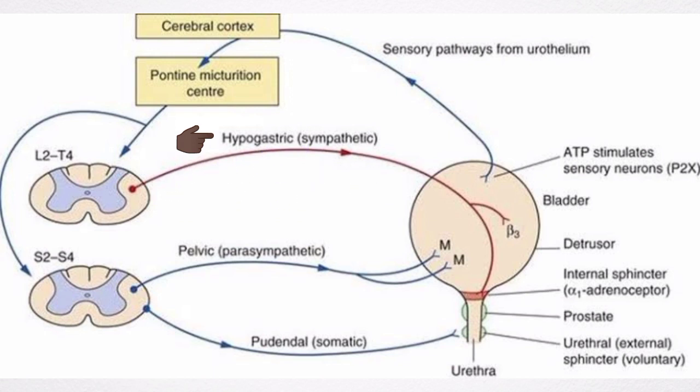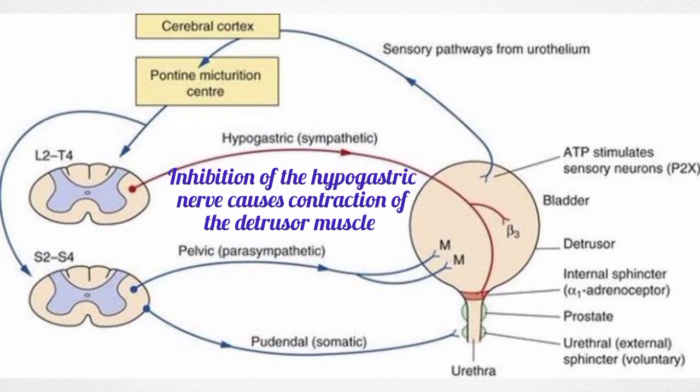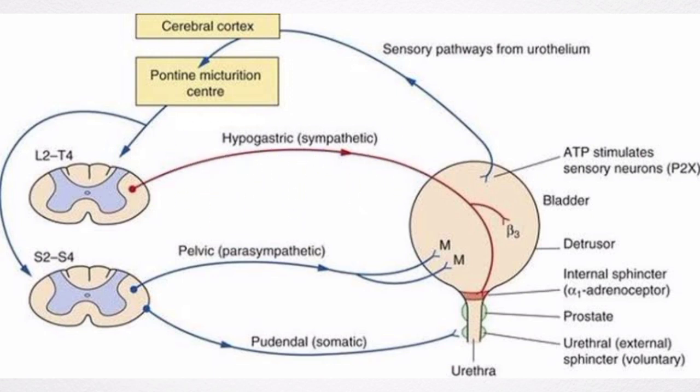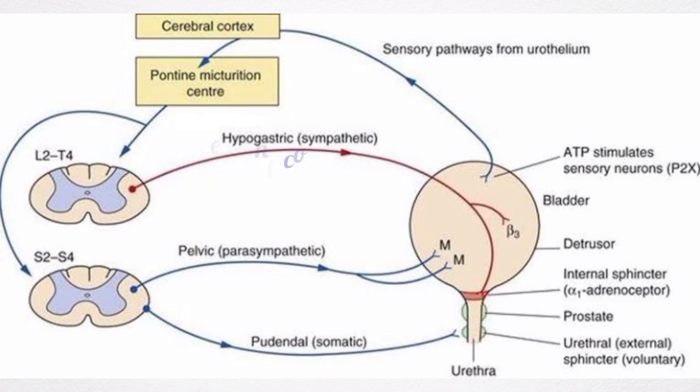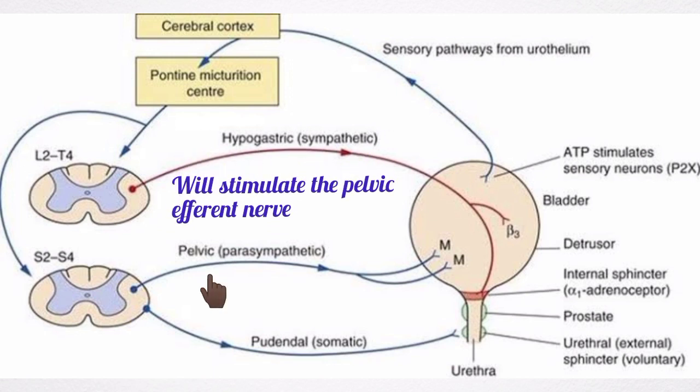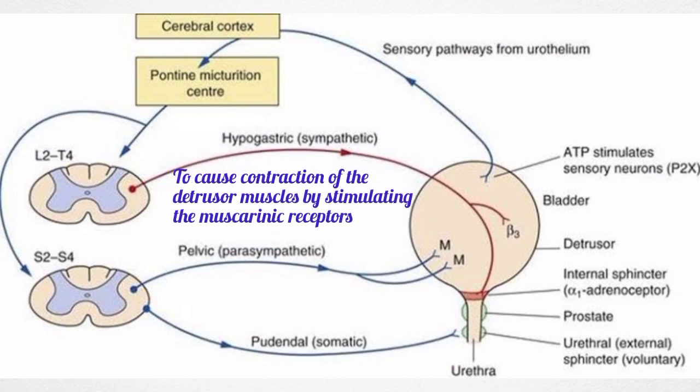When the hypogastric nerve is inhibited, it causes the contraction of the detrusor muscles and relaxation of the internal urethral sphincter. Also, the neurons coming from the pons micturition center will stimulate the pelvic efferent nerve to cause contraction of the detrusor muscles by stimulating the M3 receptors.